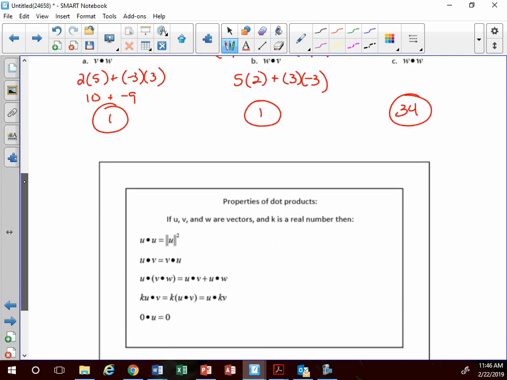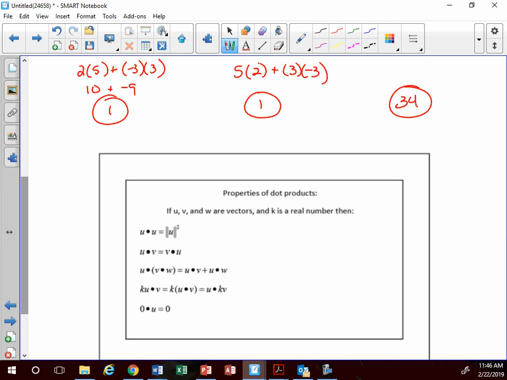Okay, so down below, just some properties for dot products. The one we just did was the u dot v is v dot u. The order doesn't matter there. U dot u, that is just the magnitude squared. Okay. You can do u dot the quantity v dot w, and that's, you're essentially just doing like multiple dot products when you do that.